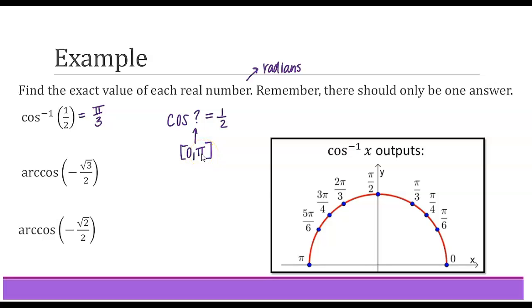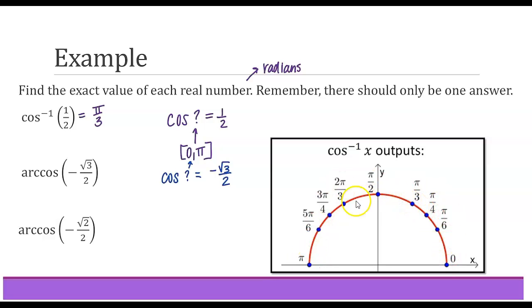In this next example, we want to find arc cosine of negative radical 3 over 2. This is just an alternate notation for cosine inverse. We're still thinking the following: cosine of what value, question mark, is equal to negative radical 3 over 2. But again, I have to make sure that this angle is between 0 and pi. So I'm limited to quadrants 1 and 2.